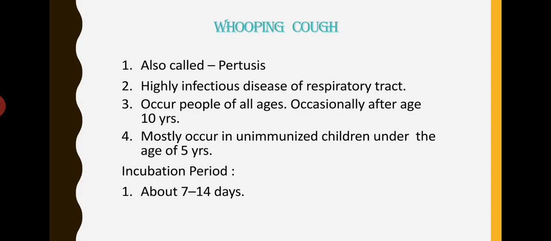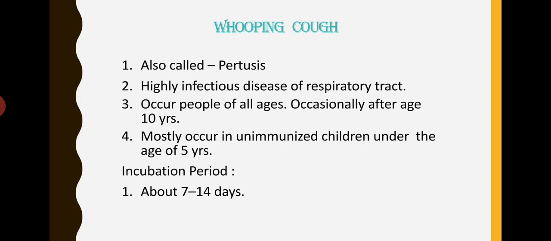So let's start with the first disease, that is whooping cough. It is also called pertussis, because the name arises from the causative agent. It is a highly infectious disease of the respiratory tract.